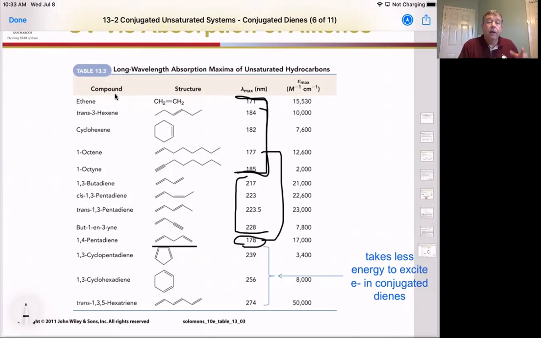Now, when we constrain the system such that it has to have pi-pi overlap, like in these ring systems, or extend the conjugation, it takes even less energy to absorb that light, and therefore it's at longer wavelengths, approaching more and more toward the visible spectrum.